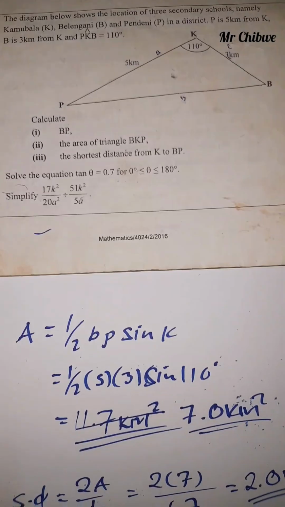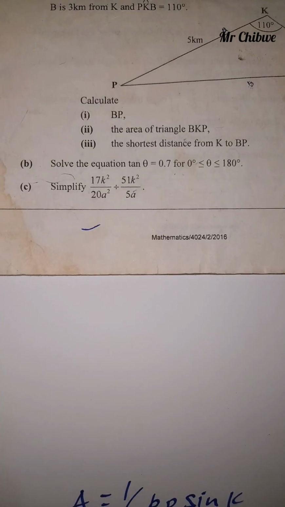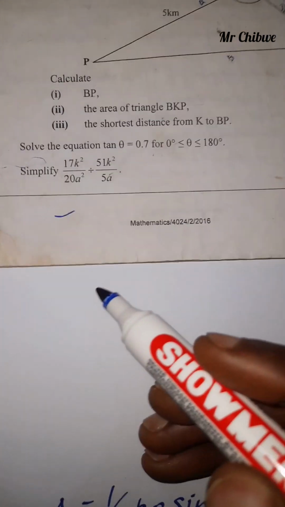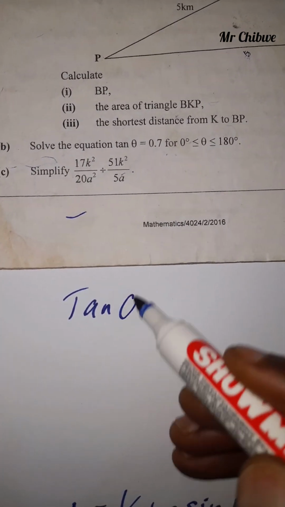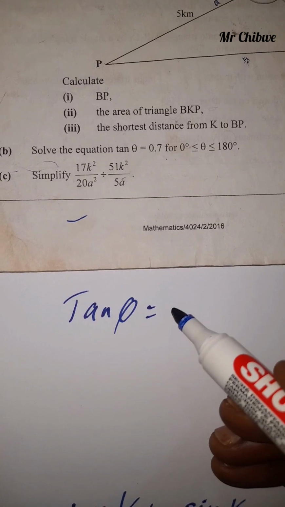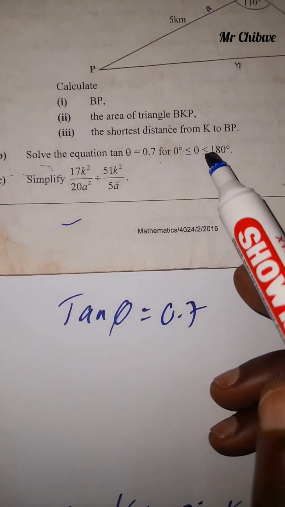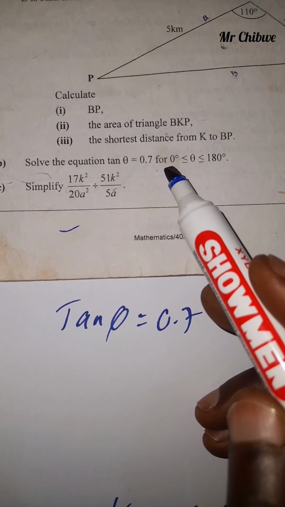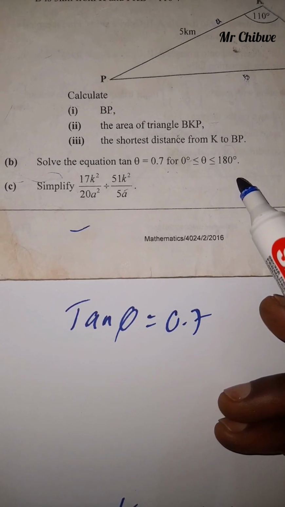The last question: solve the equation tan theta is equal to 0.7. Then we are given the range that we should find our angles between 0 to 180.